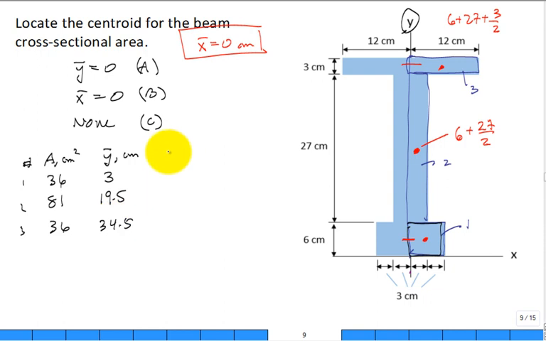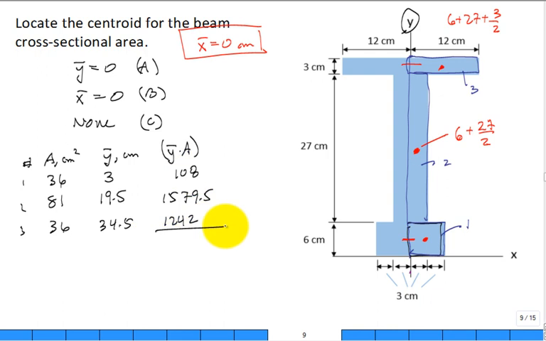Now we make the product of y bar for each entity times the area of each entity. Maybe I put i there. You could put i subscripts on all this, but you know it's on that line, it's for that entity. And so it's going to be 36 times, it's 1242, and then it's 1579.5, and then it's 108.